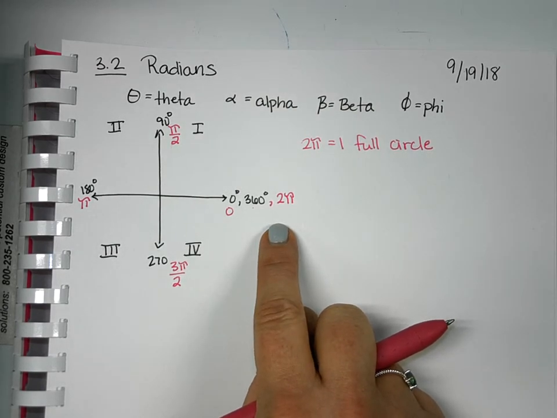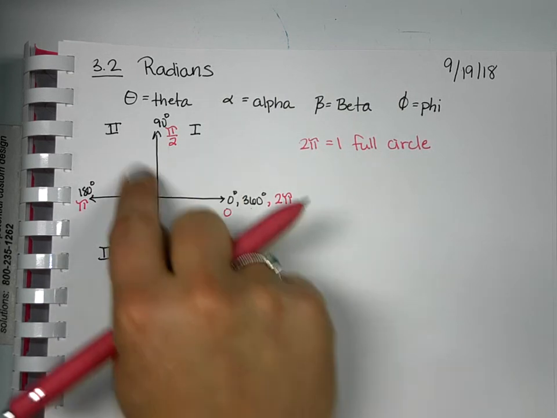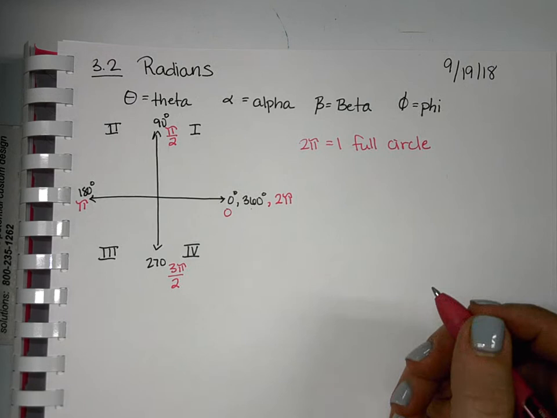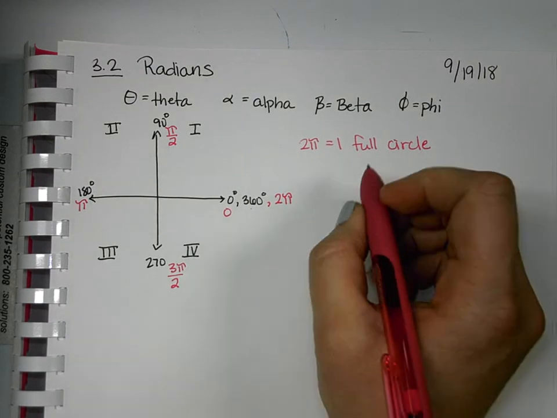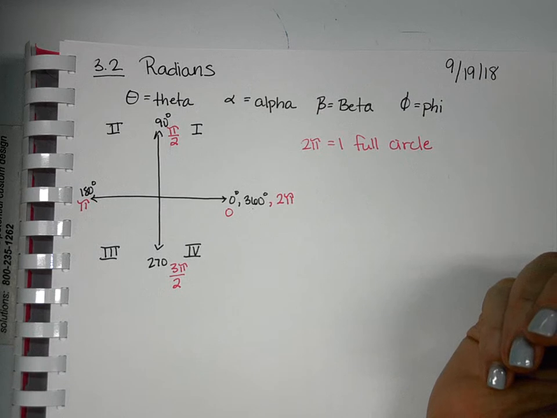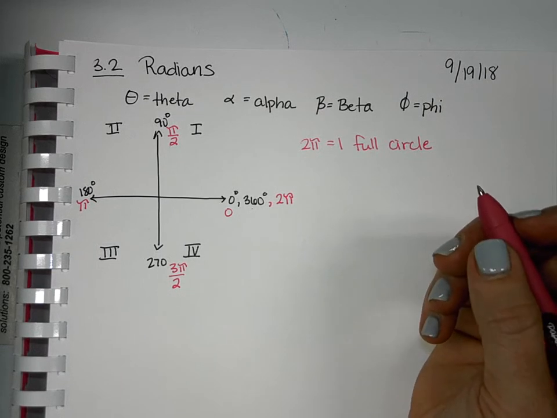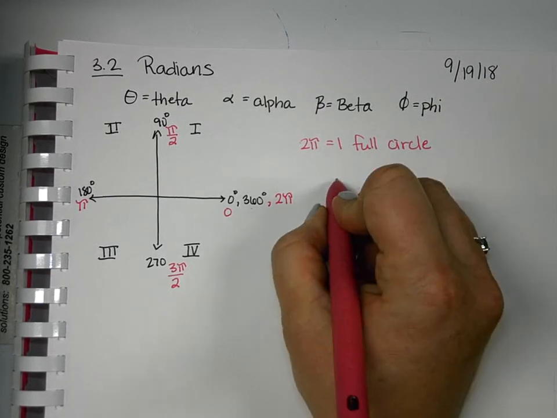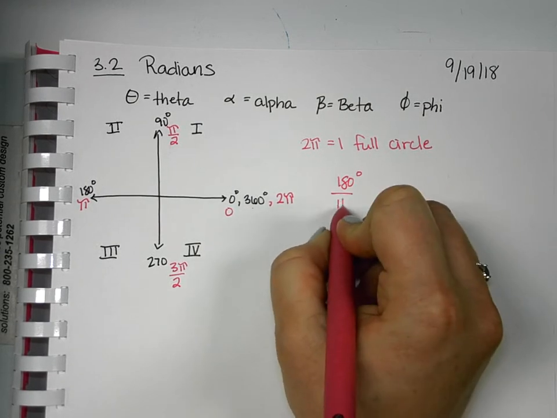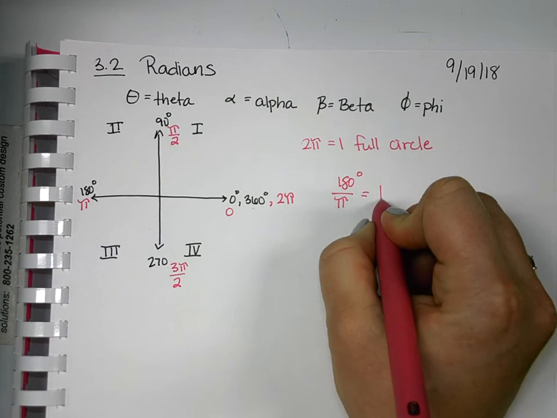To find all the little radian angles throughout the rest of our circle, we use this conversion: one full circle is equal to 360. When you simplify that down into a unit, 180 degrees over pi is equal to 1 radian.